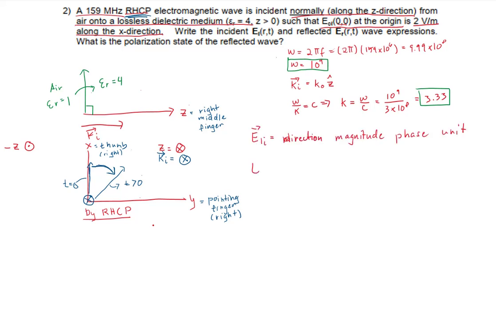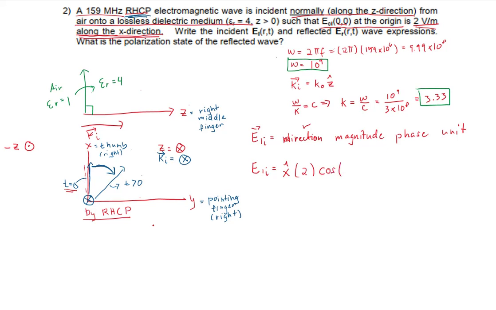With that as our template, we write down E sub i, the direction. Originally resting along the x-axis, so our E sub i has an x hat, that's for direction. Now magnitude, we are given 2 volts per meter, so that's 2. Phase, again, when t equals 0, the whole function is non-zero, so that tells you that we have a cosine.